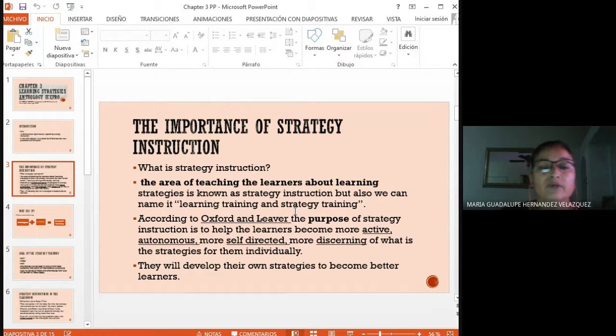According to Oxford and Lieber, the purpose of a strategy instruction is to help the learners become more active, autonomous, more self-directed, more discerning of what is the strategy for them individually. This means that they are going to choose the best strategy for them, or maybe they can develop their own strategy in order to become a better learner, right?